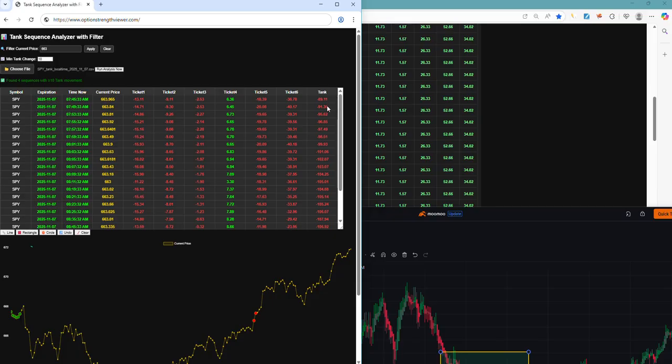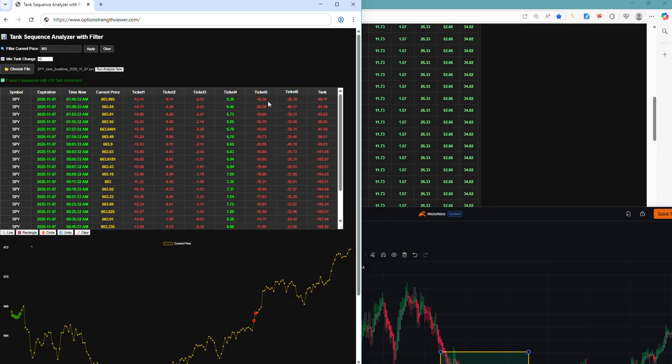Well, in the tank it says it was growing strength in puts, but ticket 6 is showing that it's losing strength in puts because it's going from minus 36 to now minus 23. If it was growing strength in puts, it would be like at minus 50, but now it's losing strength in puts. We'll hold on to that idea. So ticket 6 is losing strength in puts.